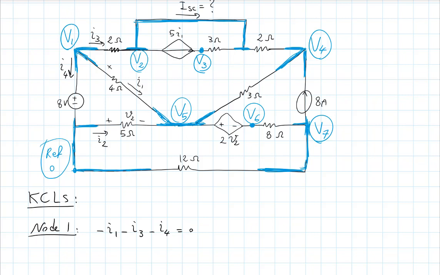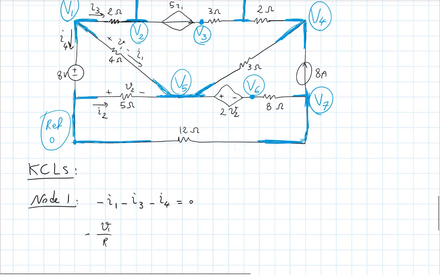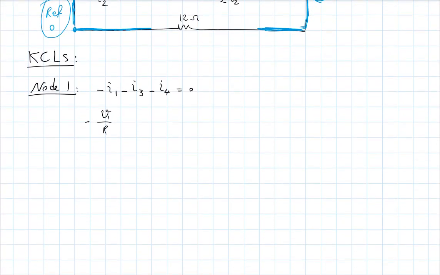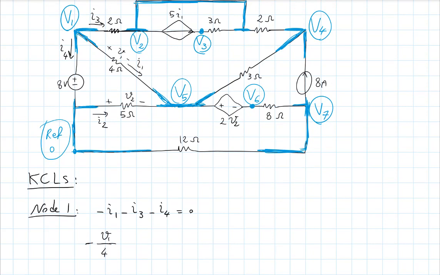So this would be, let's say, voltage V1 that I define. And I1 is going to be V1 over R1, which is, in this case, 4 ohms. Right? But ultimately, I want to write V1 in terms of node voltages. Now, what is V1 in terms of the big V's, the node voltages?